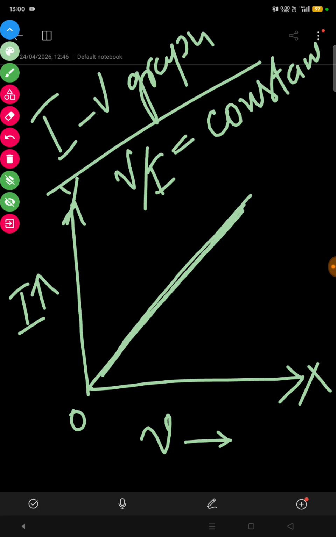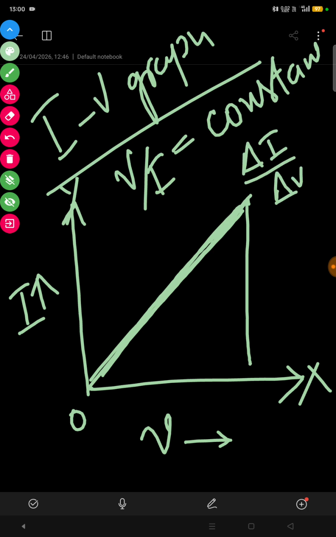Now what gives the slope of the IV graph? The slope of the IV graph is delta I by delta V, which is the reciprocal of resistance, 1 by R. This is the slope of the IV graph.